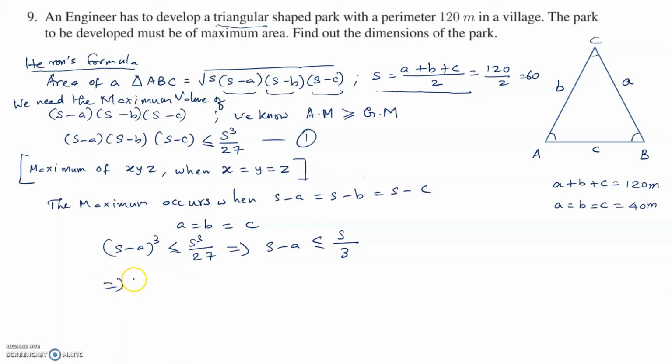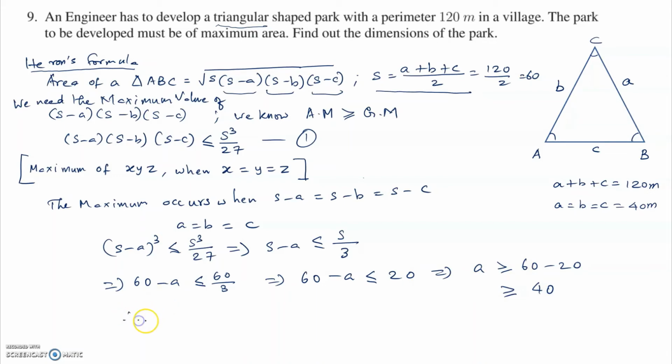So 60 minus A is less than or equal to 60 divided by 3, further simplifying, 60 minus A is less than or equal to 20, which implies A is greater than or equal to 60 minus 20, which is 40.